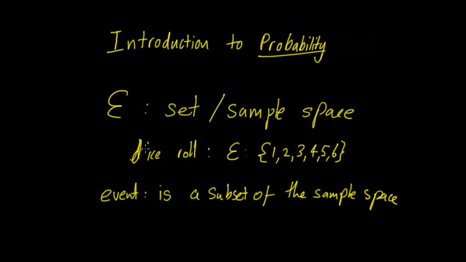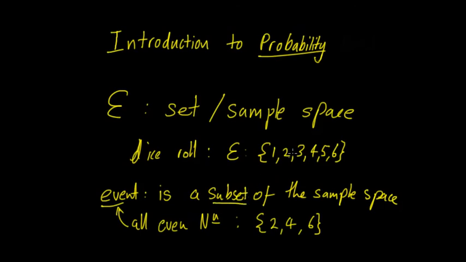If you wanted to work out the probability of a dice roll of all even numbers, so an event could be all even numbers, and that would be 2, 4, and 6. That would be an event, because it is a subset, so it is part of the set, which as I said is the sample space or all the numbers combined, and you can work out the probability for that, which logically would be 50% or 0.5, because 3 out of a possible 6 are there.